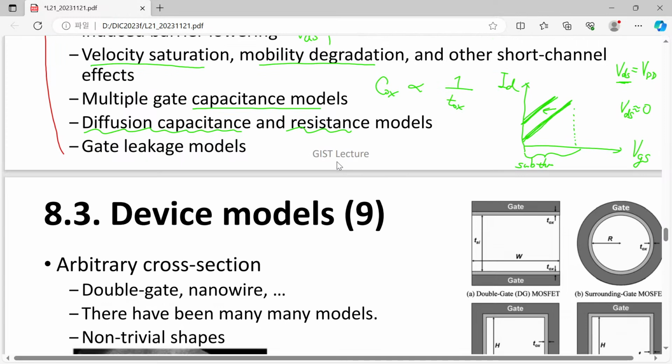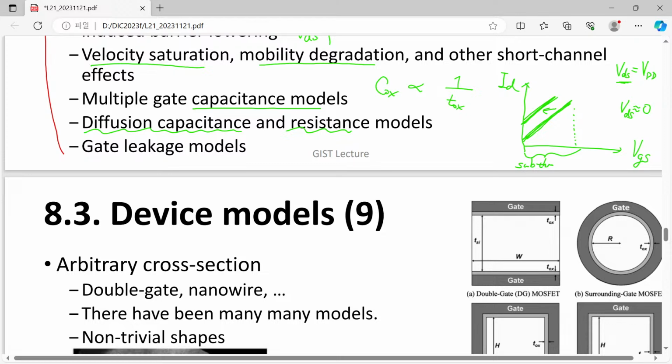You remember that we have already covered this gate leakage problem, because when you reduce the thickness of the pure silicon dioxide layer, gate leakage increased rapidly. So we introduced a high-k material.